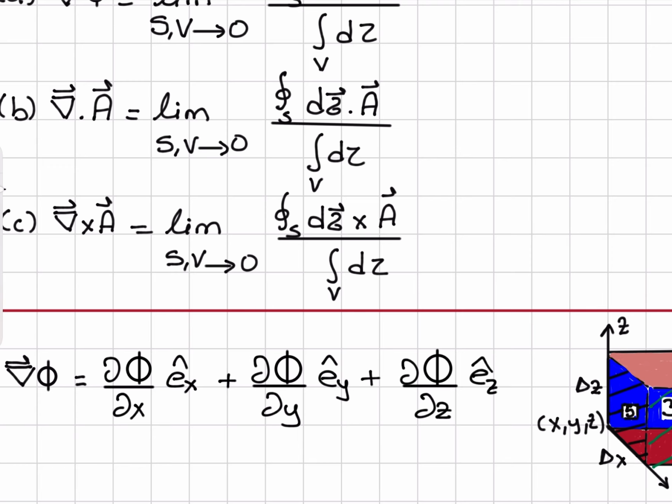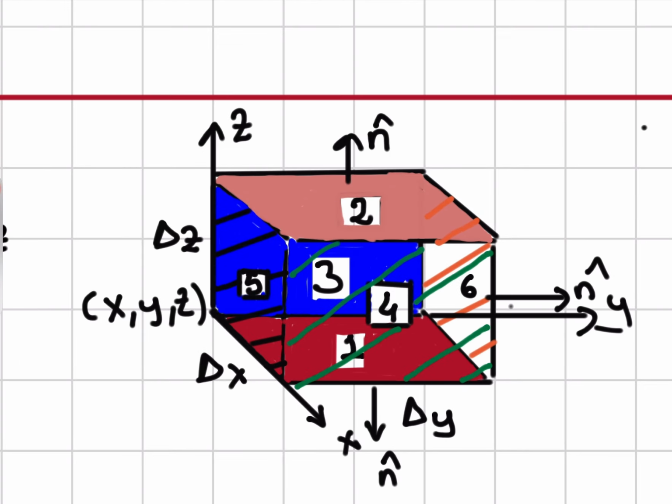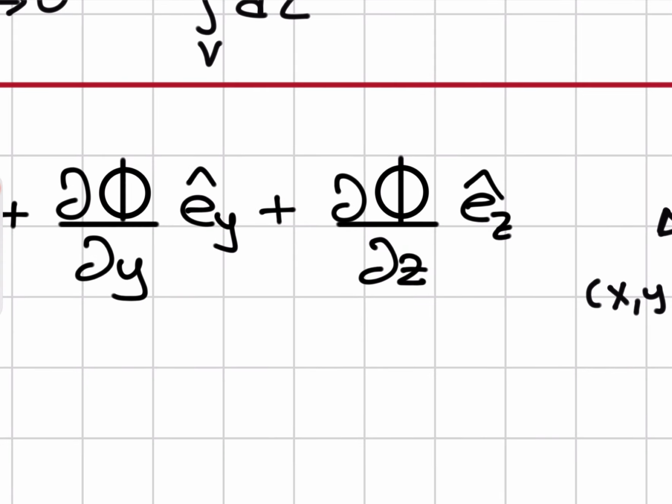Okay, now let's consider a small volume which is defined by this cube and that has 6 faces, and we're going to consider the area that corresponds to surface 1. For this one the area is delta x multiplied by delta y, and the normal vector is defined to be in the perpendicularly outward direction. So this is in the minus e_z hat direction.